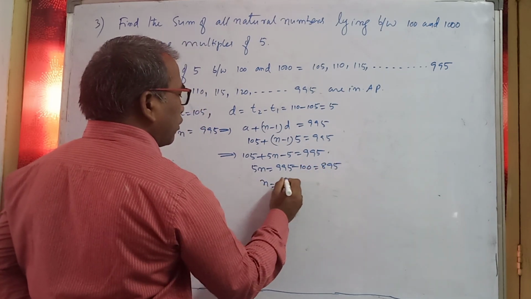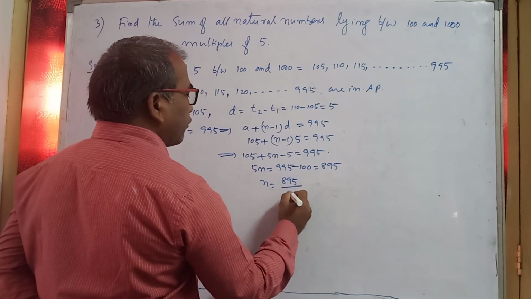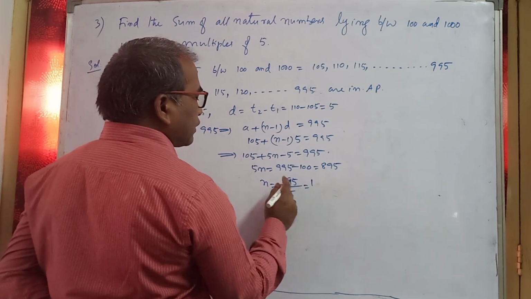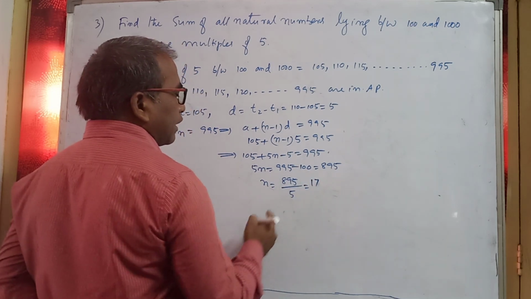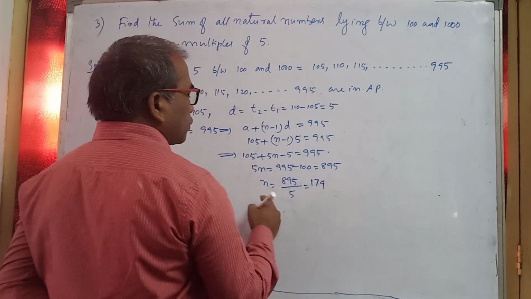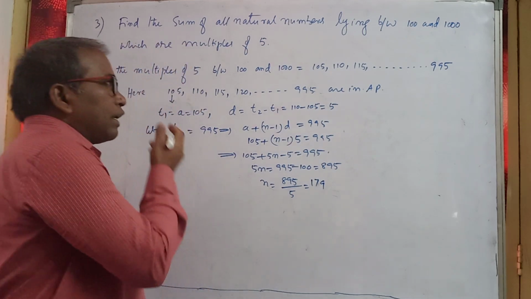So n is equal to 895 by 5. 5 ones are 5, 39, 5 sevens are 35, so n is equal to 179.